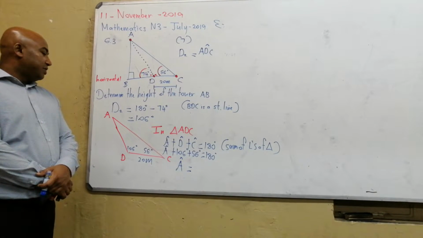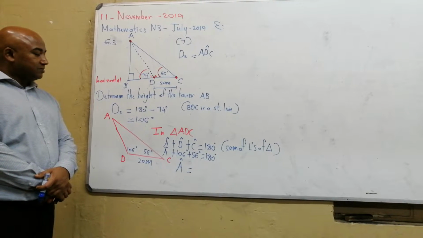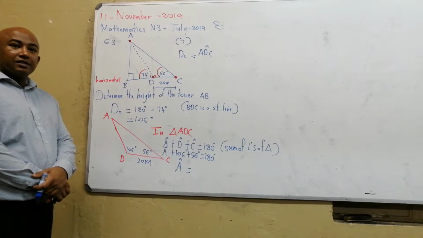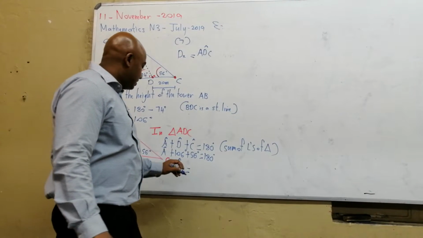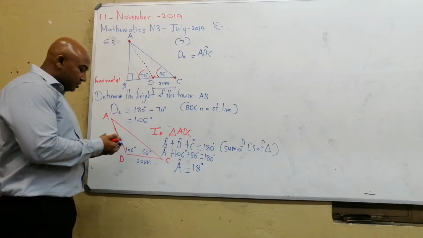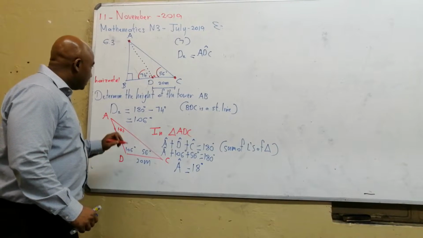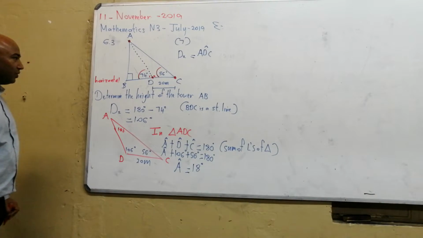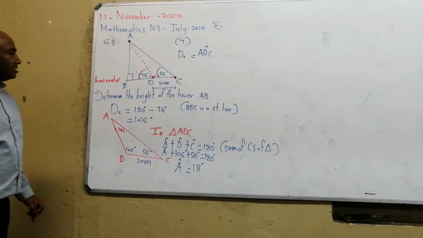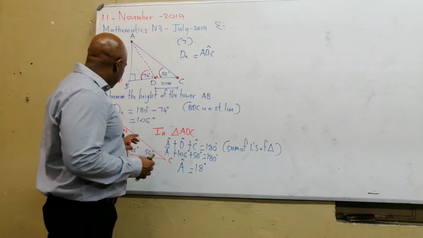So in other words, you are subtracting 162. 162, so you get 18 degrees. Okay, so now we found that A is 18 degrees. Okay, now, alright, so we got this one here. We found that it's 18 degrees.